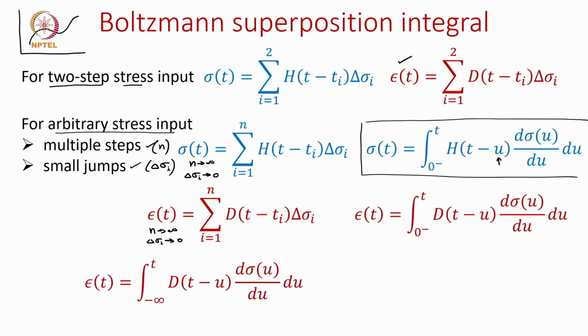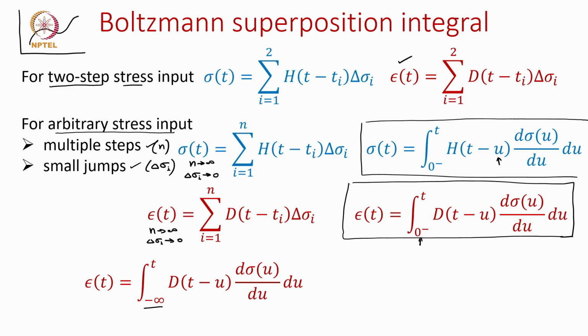This is another form of writing the same equation. The only thing we have done is replace this 0 minus with minus infinity, because we are assuming that to the left of time t equal to 0 there is no input.